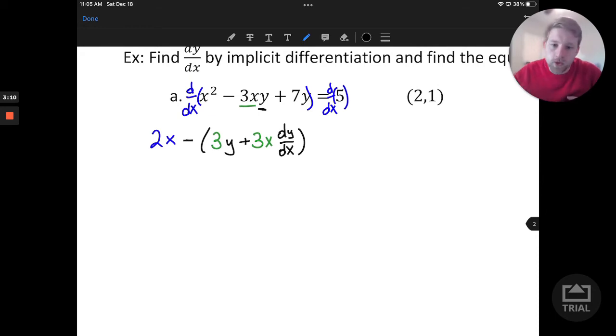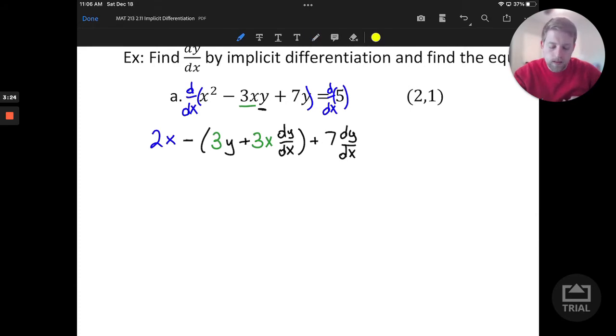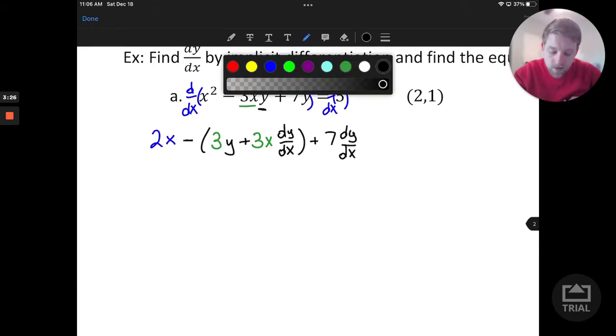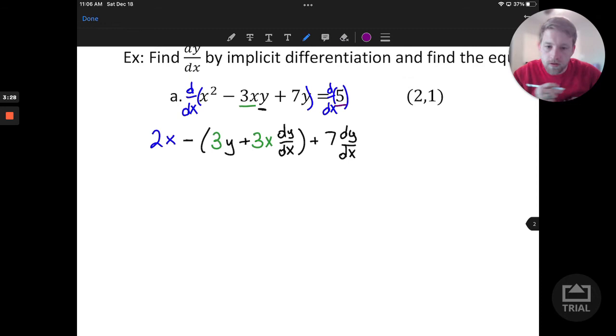And then we want to take the derivative of 7y as well, and we could call that plus just 7 times the derivative of y, which is dy dx one more time. If we look at the right side, we just have a constant term here, which is 5. The derivative of just a constant with respect to x is going to be 0. So we'll set that to 0 when we take the derivative.